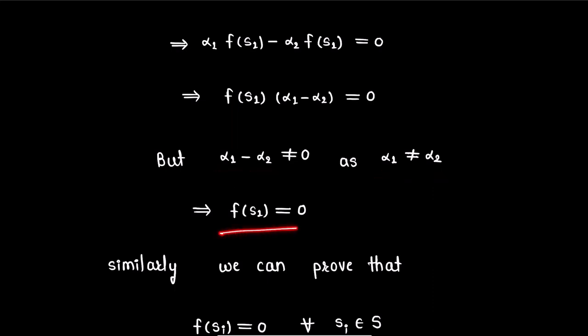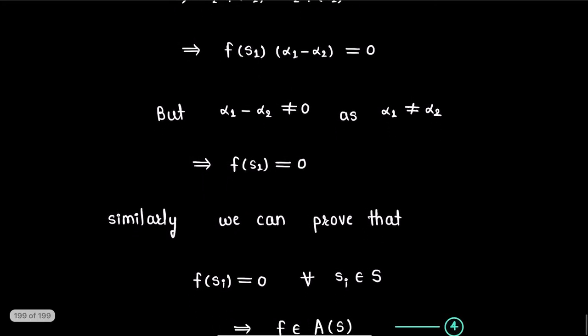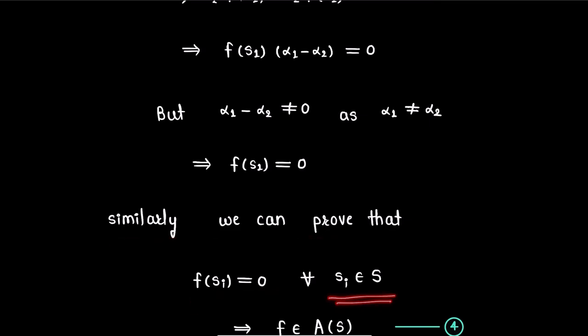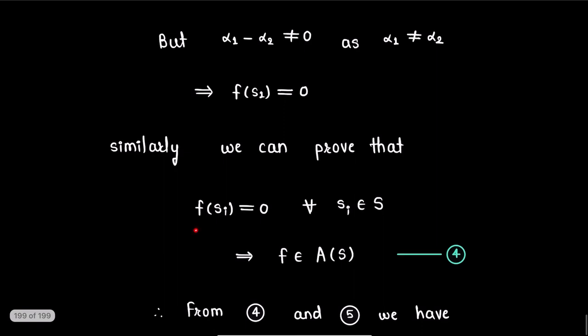So we must have f of S1 is equal to 0. Similarly, we can prove that f of Si is 0 for all vectors Si in set S. Therefore, we must have f belongs to the annihilator of set S. We will call this expression 4.